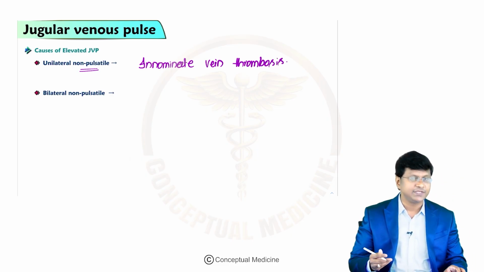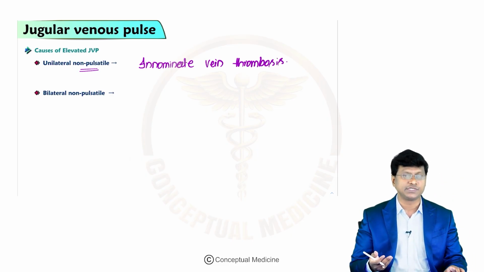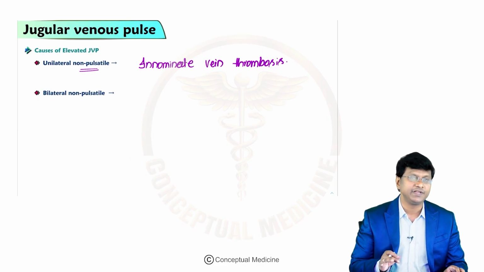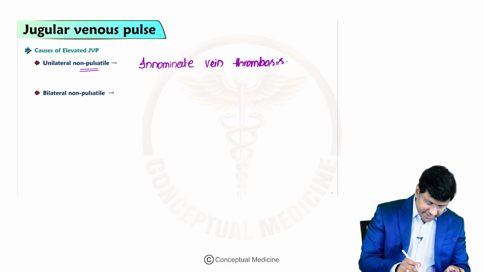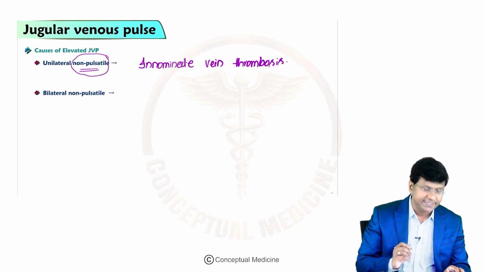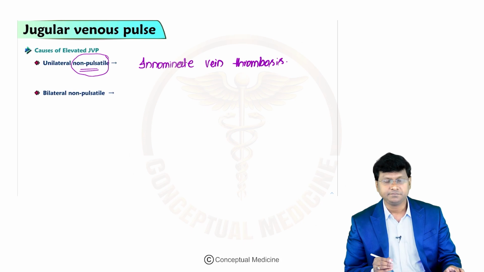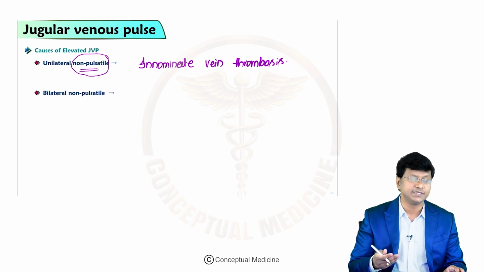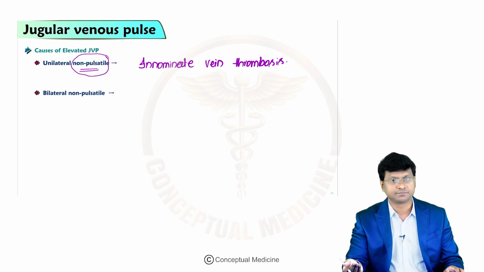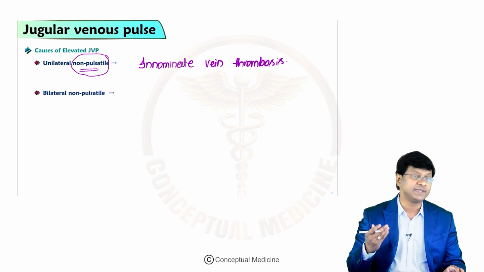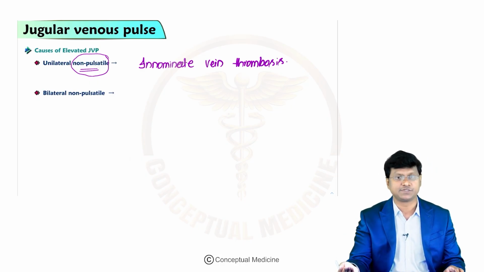So innominate vein is what? It is your brachiocephalic vein. Thrombosis, or whenever there is superior vena cava obstruction or SVC thrombosis, there will be non-pulsatile increase in the JVP, or non-pulsatile increase in the jugular venous volume, or jugular venous pulse.